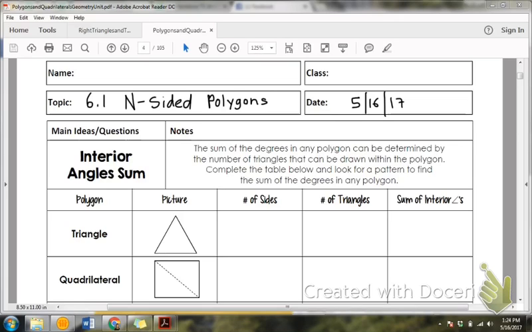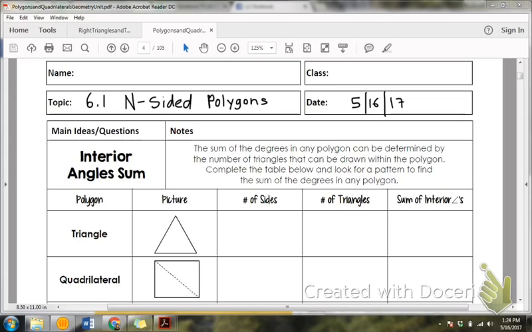Okay. So here's the first question. It says, the sum of the degrees in any polygon can be determined by the number of triangles that can be drawn within the polygon. Complete the table below and look for a pattern to find the sum of degrees of any polygon.